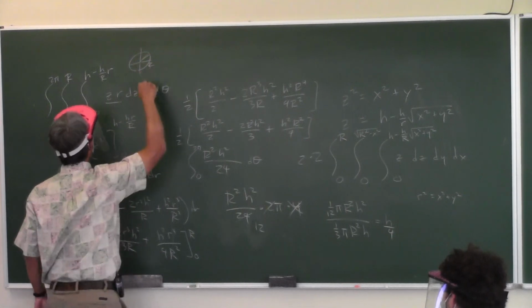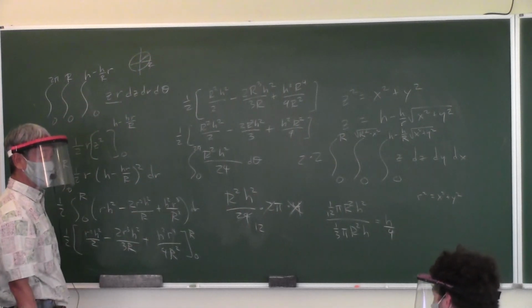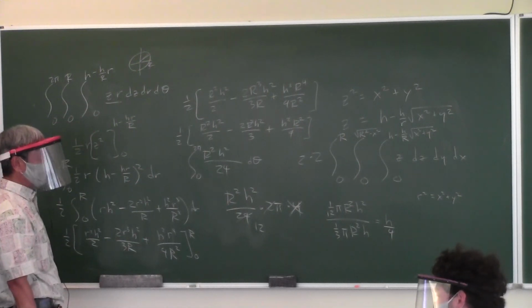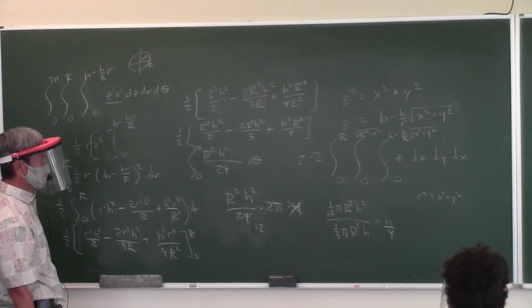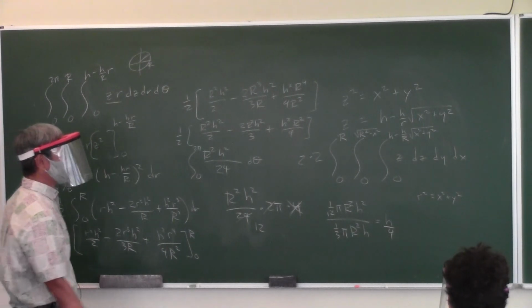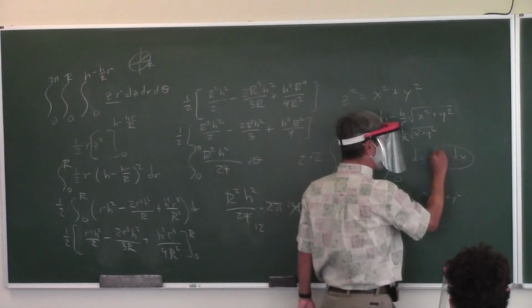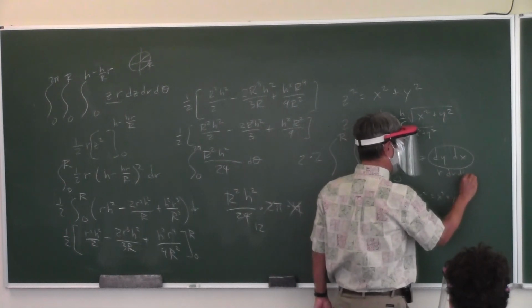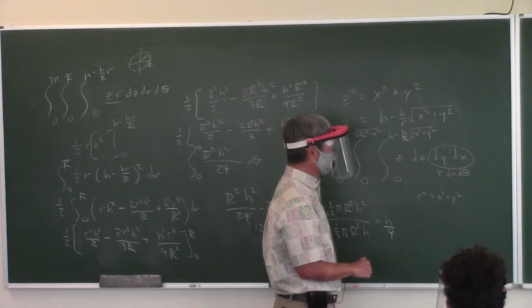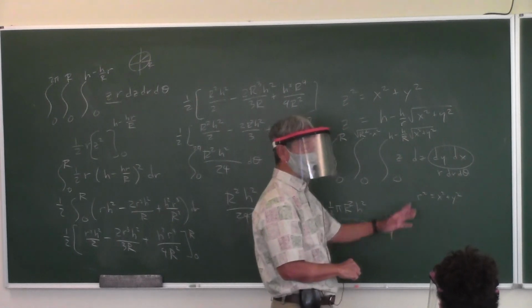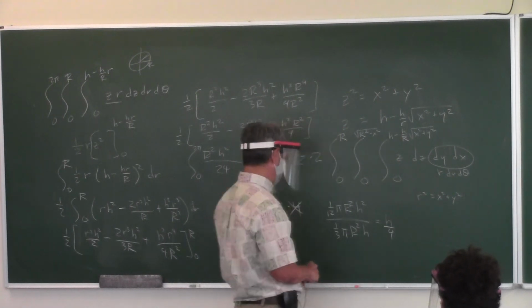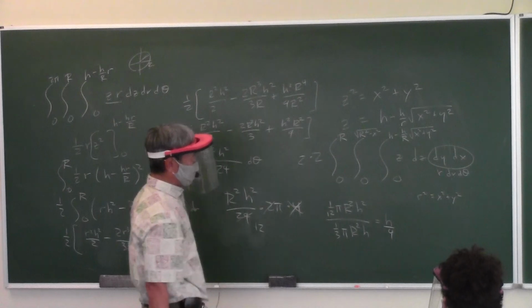And then you gotta go all the way around, 0 to 2 pi. Does dy dx equal to r? Yeah, this is the same thing as r dr d theta, right? It changes. We already had the homework on that already.